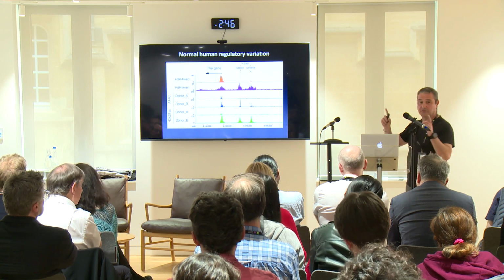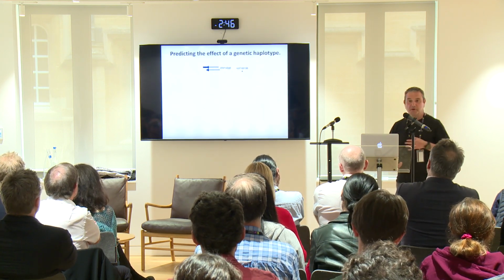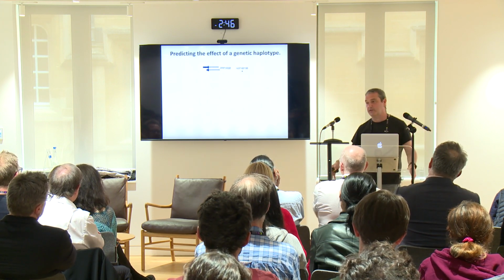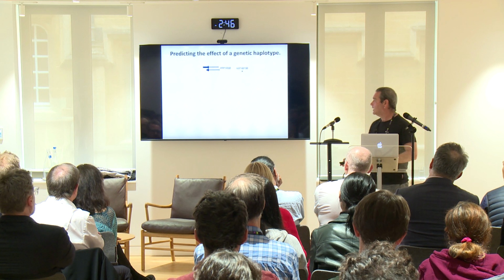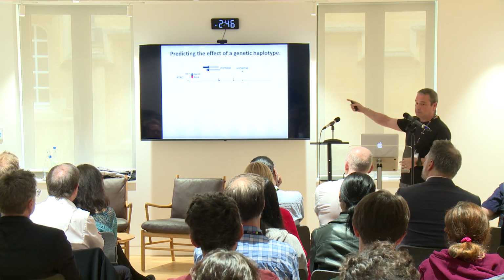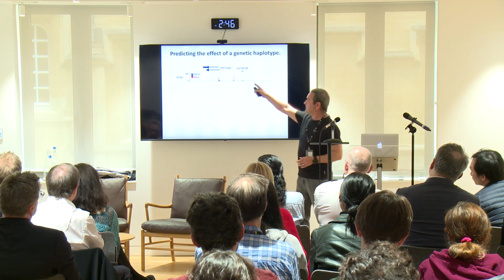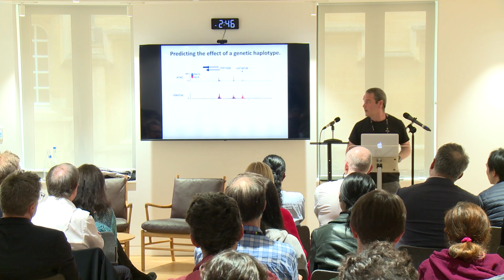These things are not linked to each other. You inherit them independently. So here's what a neural network can make of this. What we really want to do is give it a big haplotype, give it a load of cell types so it's learned to code from it, give it that mixture of changes and go which cell type and which change. And what you can do is this molecular etching, and I've done it from two individuals, and this individual has this change, the red one, and actually has affected this SNP.